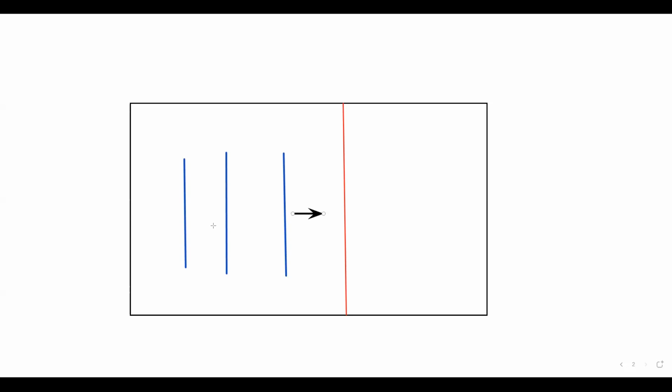Now, what happens when it is moving exactly perpendicular to the surface? This is a deep region, and here is a shallow region. So this whole wavefront will enter the shallow region. As a result, what will happen?